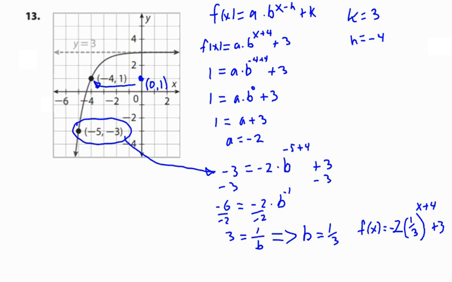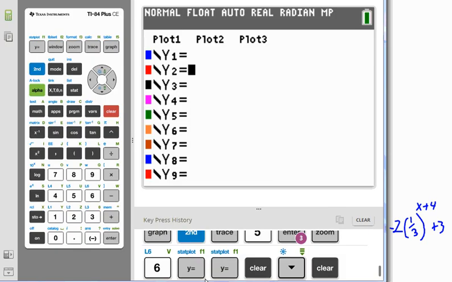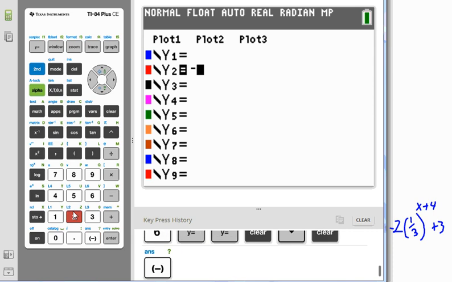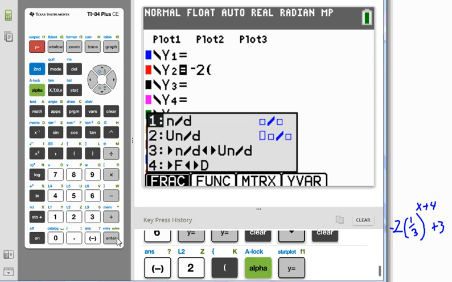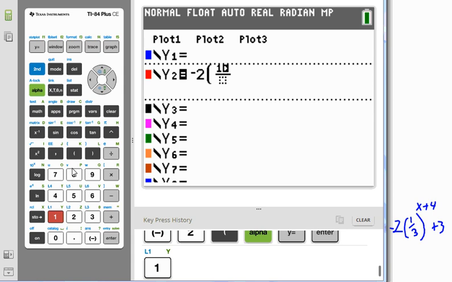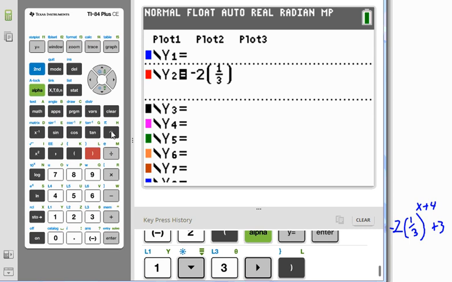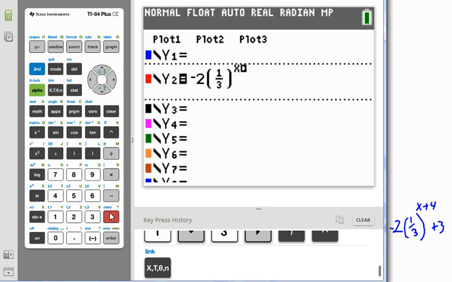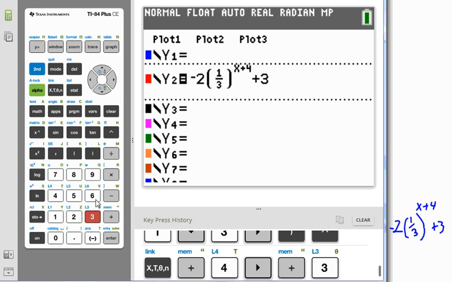So here is our calculator. We're going to put in negative 2 times 1/3 to the power of x plus 4, and come outside here, plus 3.